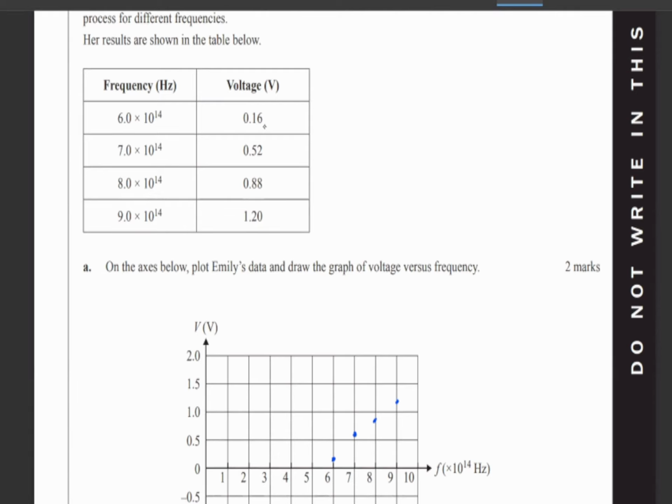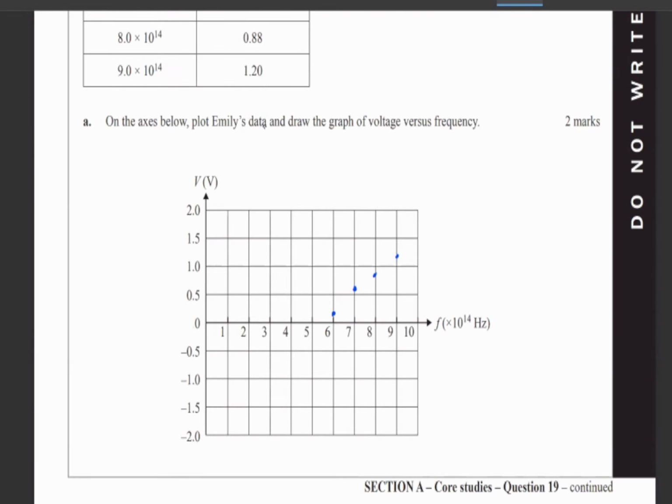We should probably use a ruler for this, but that should look like that.